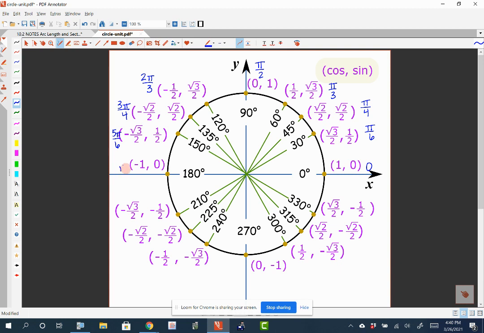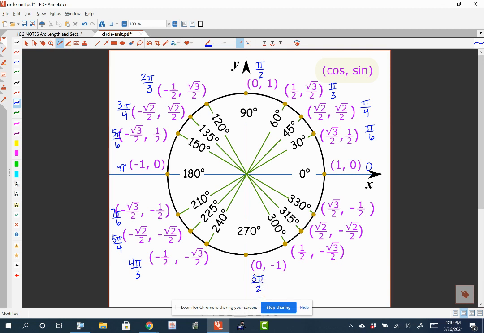180 would just be pi. Those 180s would divide each other out. 210, we get 7 pi over 6. At 225, we get 5 pi over 4. At 240, we get 4 pi over 3. At 270, we get 3 pi over 2.